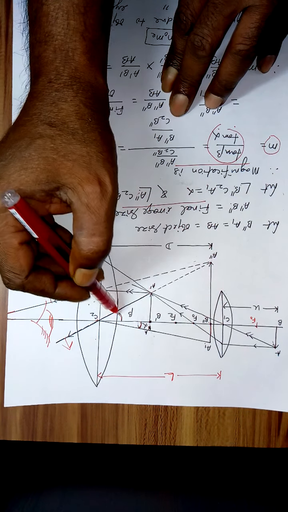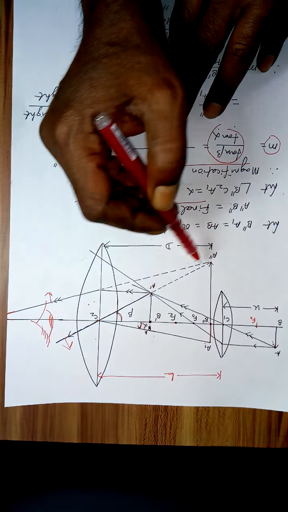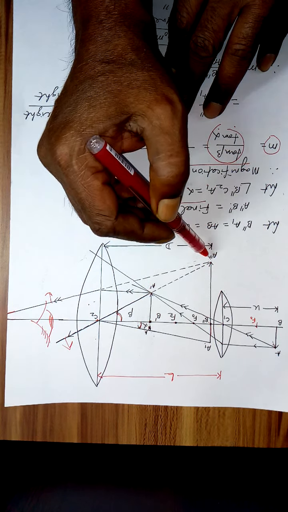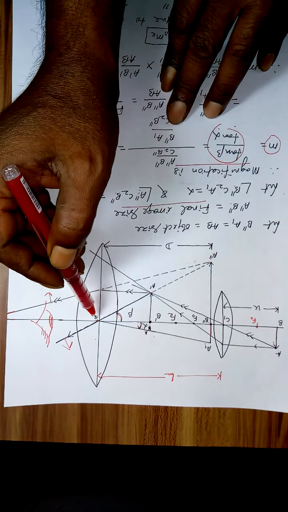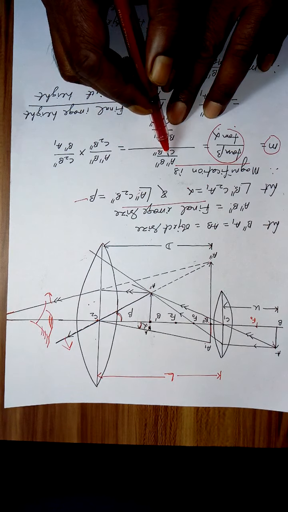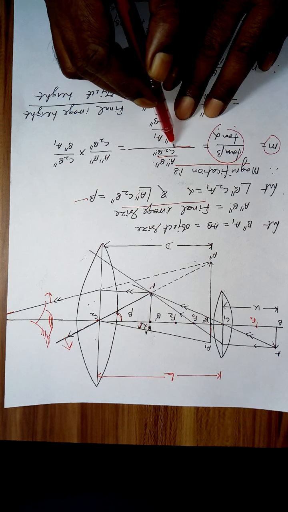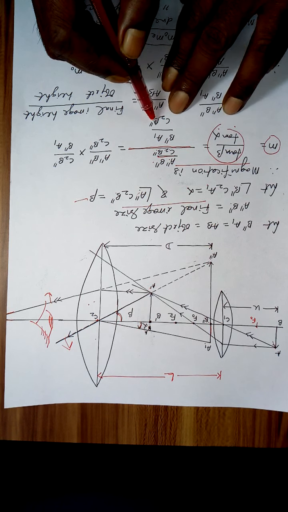Now look, in this triangle A double dash B double dash C2, tan beta will be A double dash B double dash over C2 B double dash, divided by tan alpha.